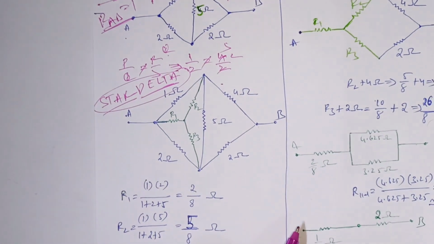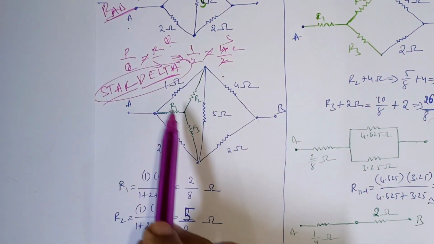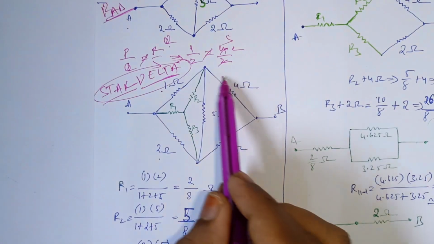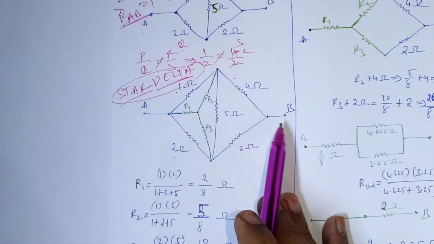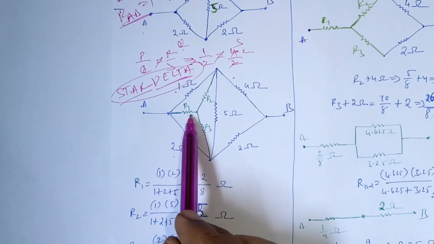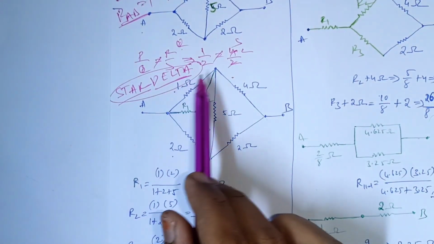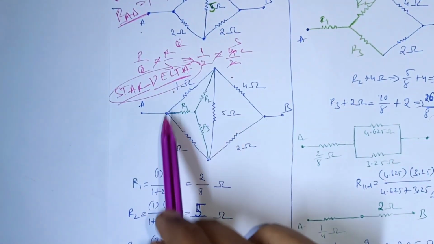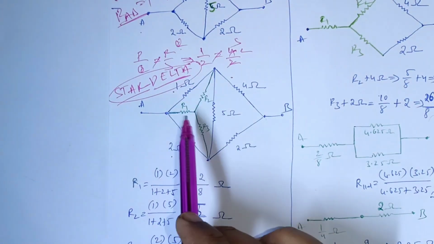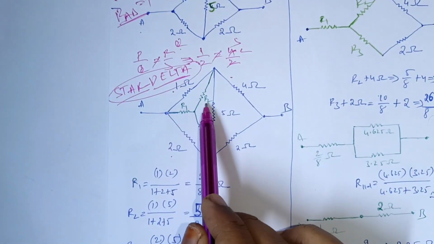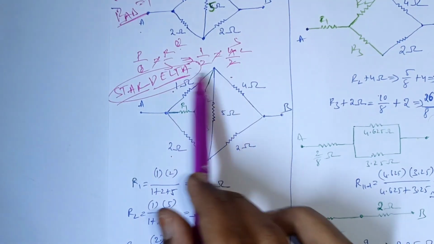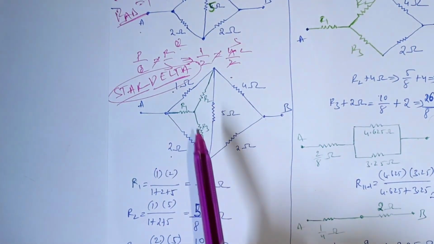So how to solve? This is the Wheatstone bridge that they have given. Among these three resistors, which form a delta, we draw a star with R1, R2 and R3. This combination is called star delta.